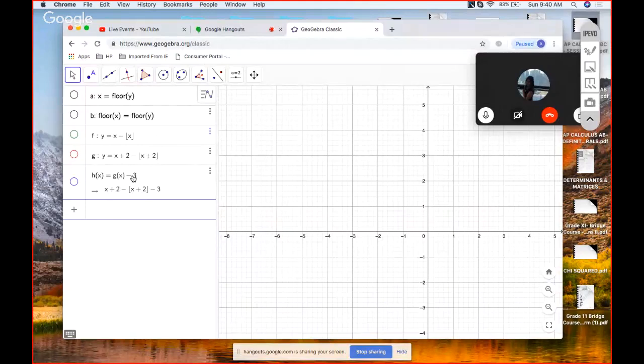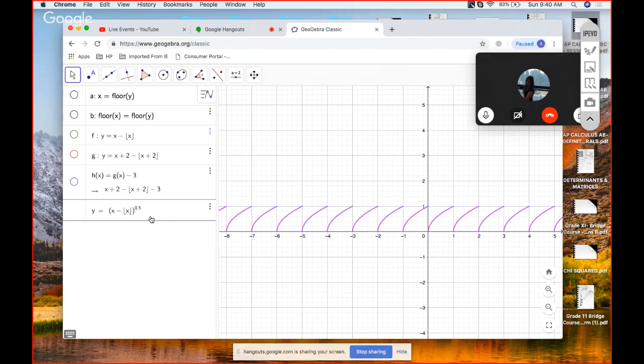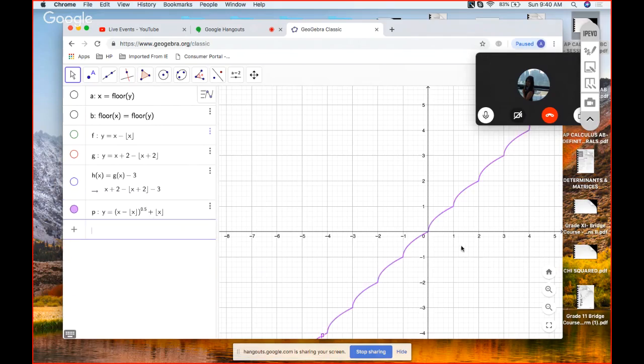So our function was y is equal to under root of (x minus floor of x) to the power of 0.5, plus floor x. You see that?